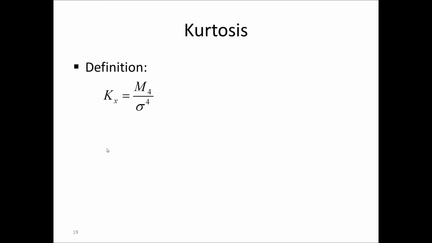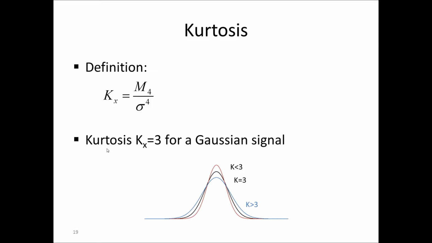Next we have the kurtosis. The kurtosis is defined as the fourth moment normalized by the standard deviation to the fourth power. This is thus also a dimensionless variable. It can be shown that the kurtosis k sub x is 3 for a Gaussian signal. Since the kurtosis is based on the fourth moment, raising all values to the fourth power, they're all positive numbers.